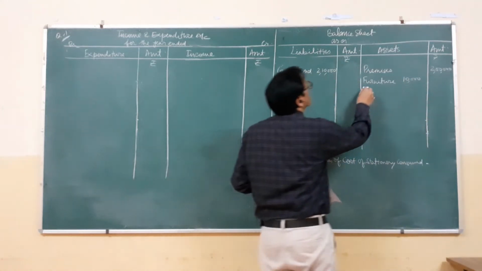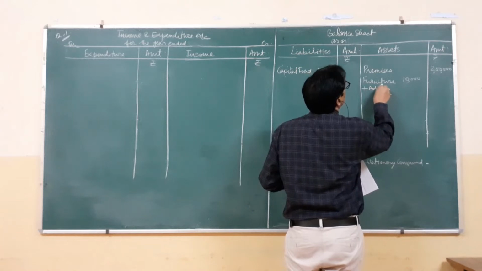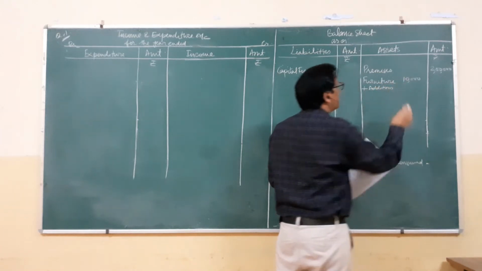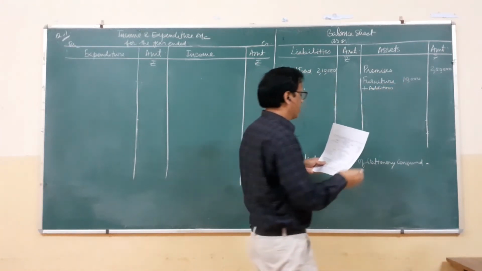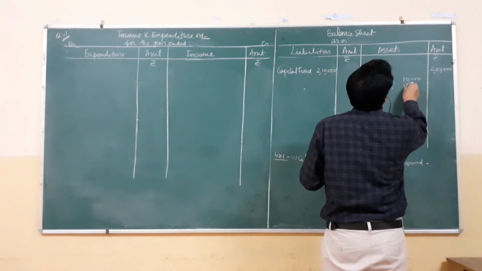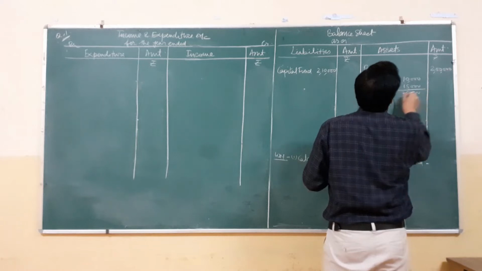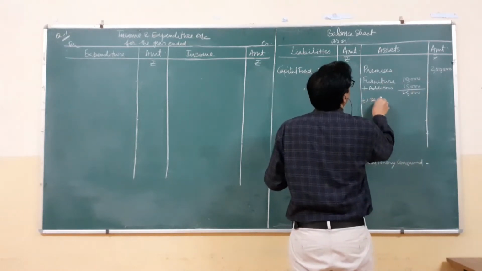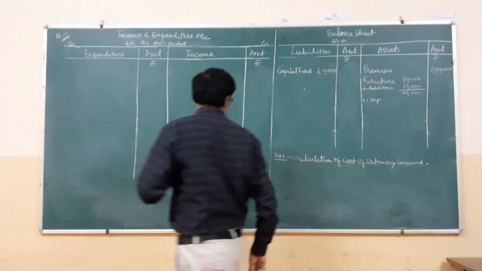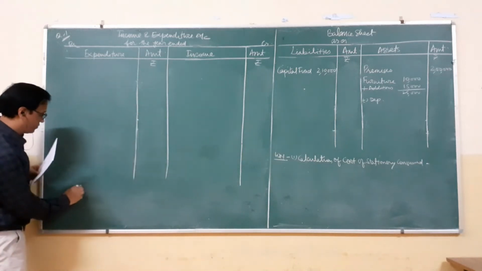Plus additions. A new purchase, newly purchased given in the receipts and payments account, 15,000. So it is total 25,000. Minus depreciation. So depreciation we will calculate here. Working note number 2.